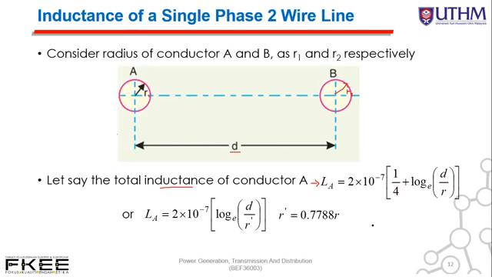Or we can simplify this equation to LA equal to 2 times 10 to the power of minus 7 ln D over R prime, where R prime is 0.7788 R. Okay, we will see how we got this value later.